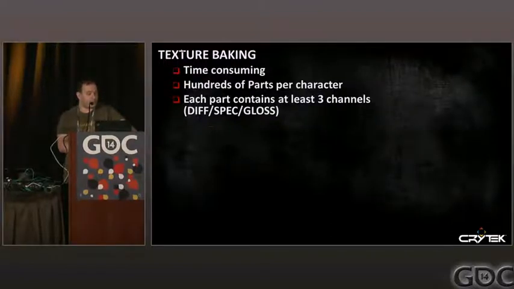To prepare the baking, we have to export each part as a subtool separately to avoid any intersection. We can end up with roughly hundreds of parts. Marius, again, is a very good example of that. So obviously, you can imagine it can take a lot of our time. So we developed a tool to speed up that process.